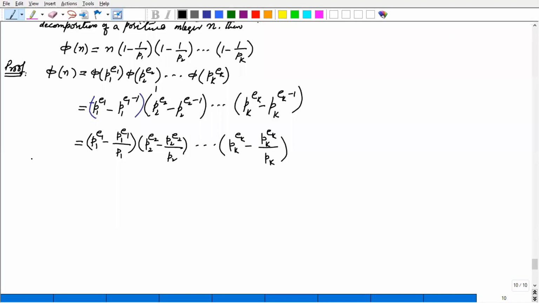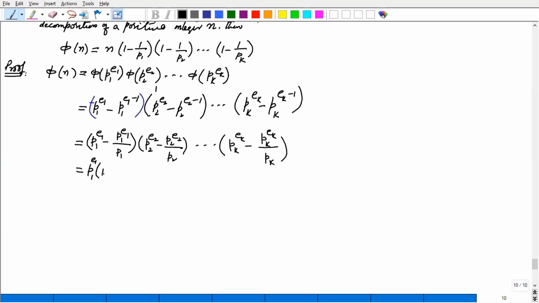Okay. So in each term, we see that the pi's are common. So in each factor, p1 can be taken as common. P1 to the power e1 can be taken as common from the first factor.